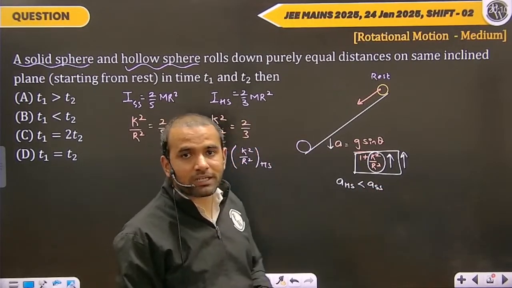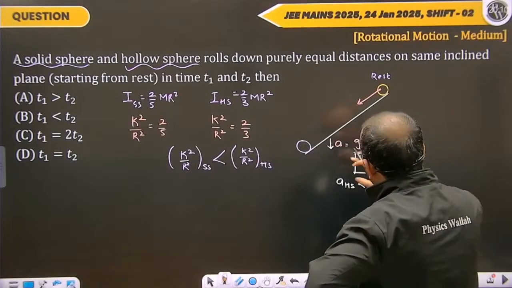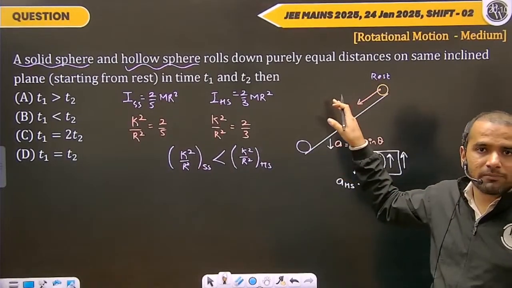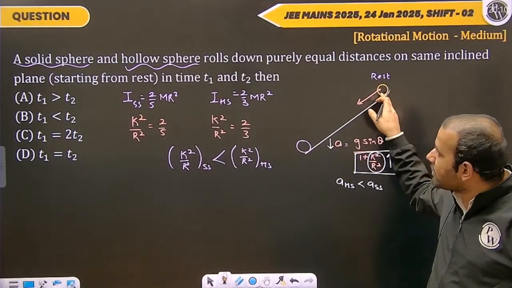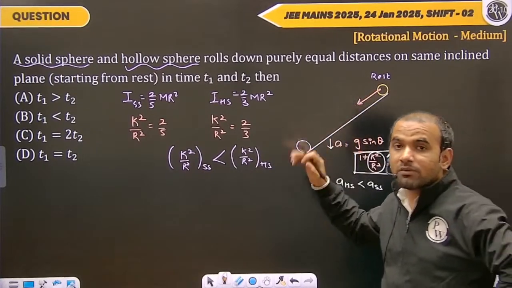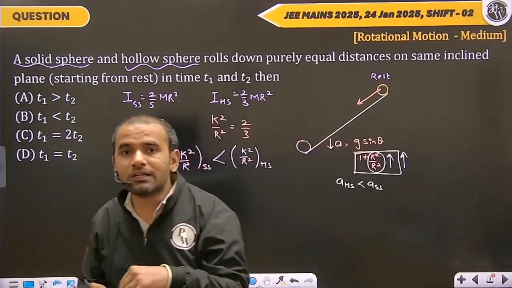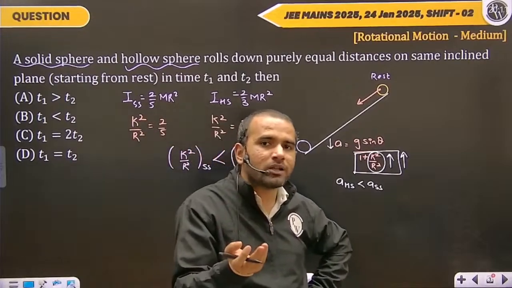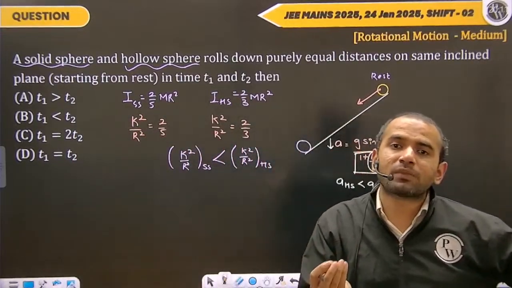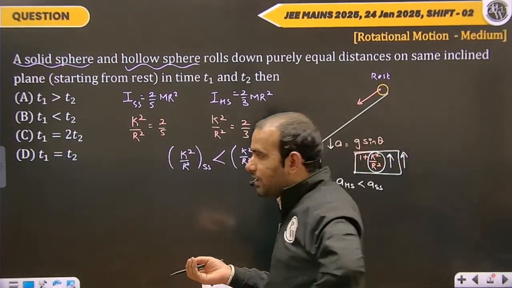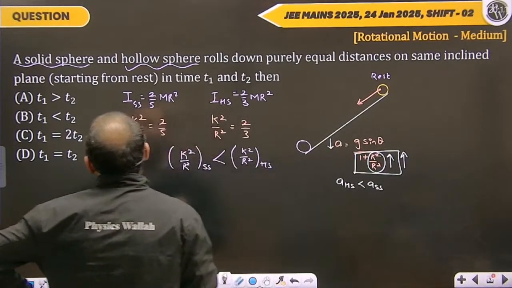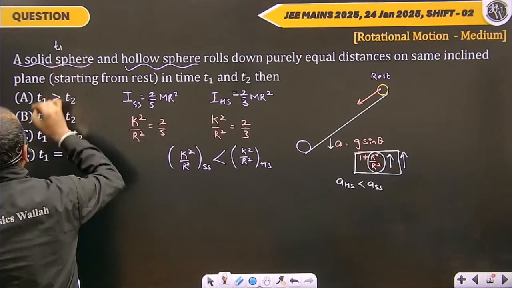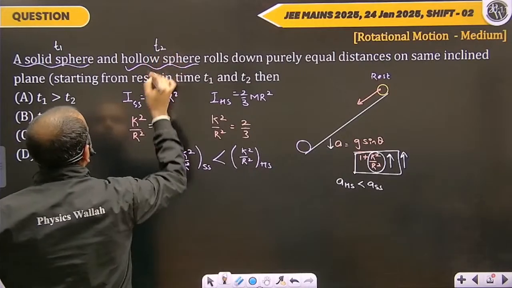So if we compare the hollow sphere and the solid sphere, the solid sphere is having more acceleration. If it is having more acceleration, it will come faster, and if it comes faster, then obviously it will take less time, right? Correct? So for the solid sphere it is 1 and for the hollow sphere it is 2.